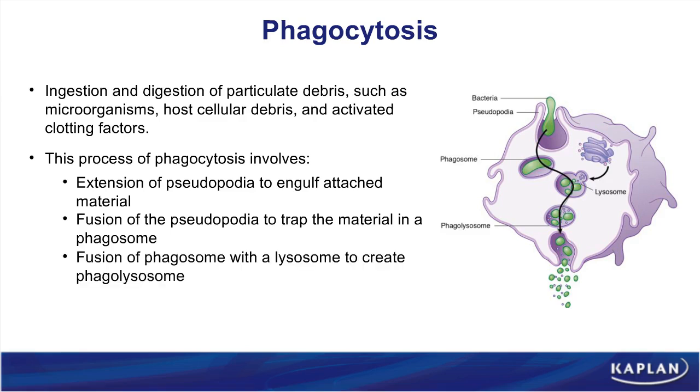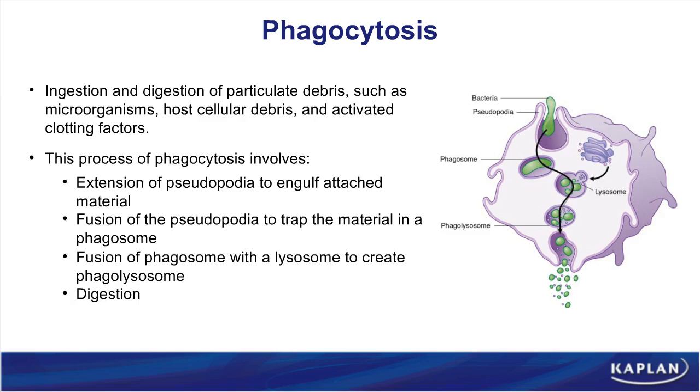And once that happens, unless you have a pathogen with the capacity to escape a phagosome or a phagolysosome, which we do have, and those are super high yield, you're pretty much going to die within one of those vessels, either the phagosome or the phagolysosome.